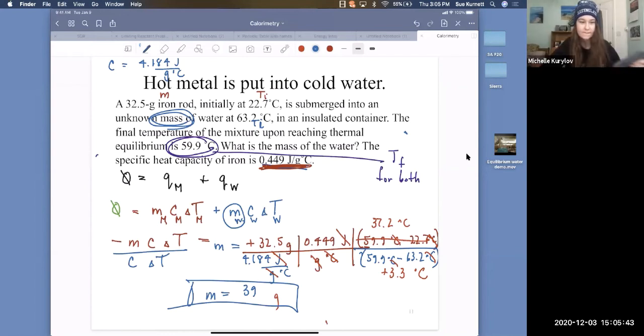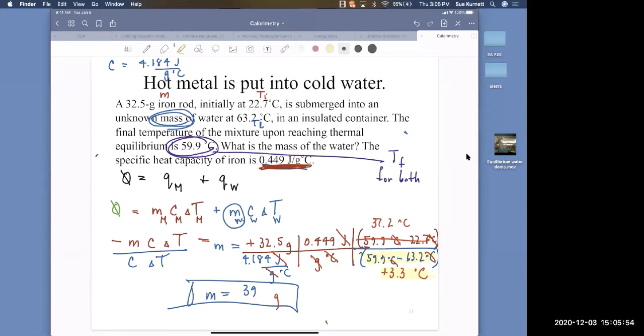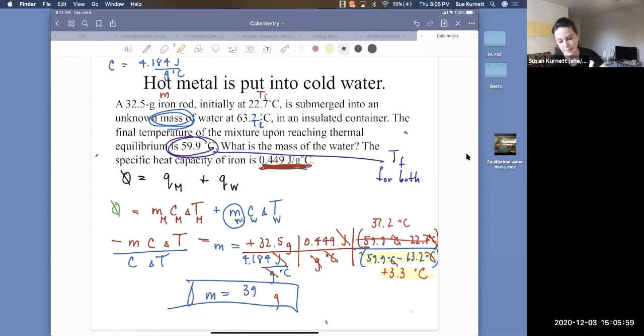The 2 sig figs that Michelle and I got were because when we subtracted this to get a delta T, we lost the tens place. Wouldn't that be negative? Wouldn't it be negative 3.3? It was, and then I said this was negative and that was negative, so let me let them both be positive. Okay, thank you.